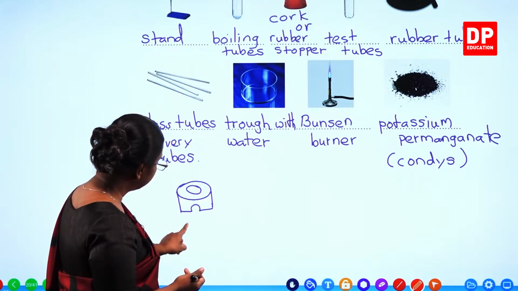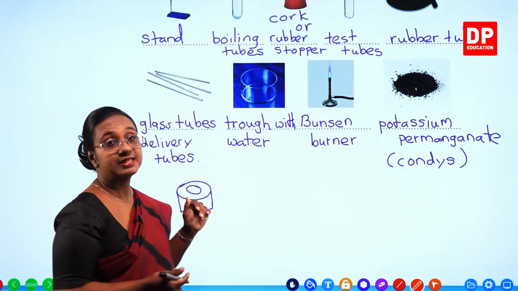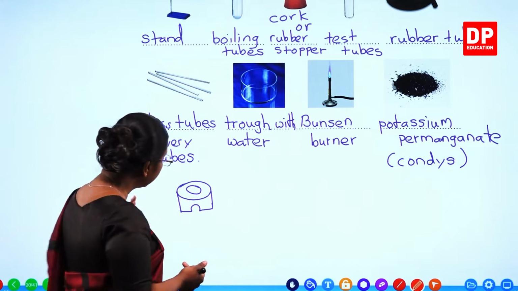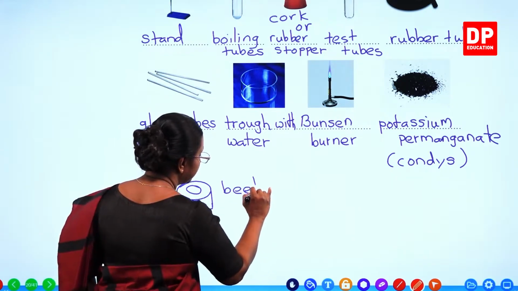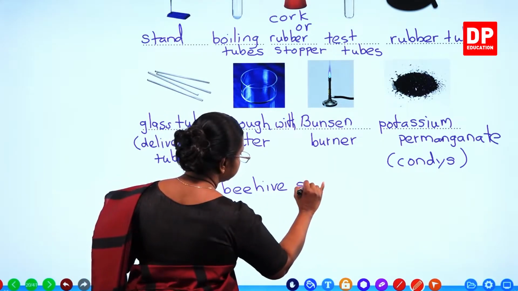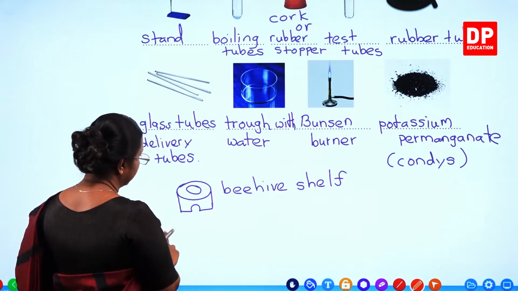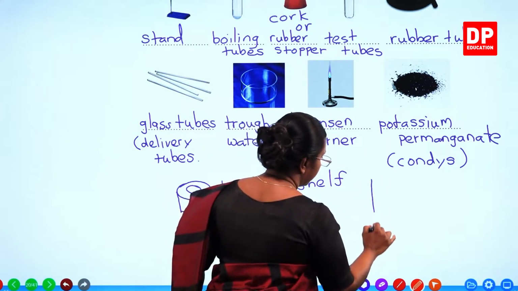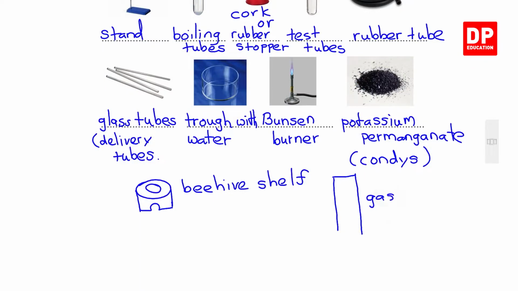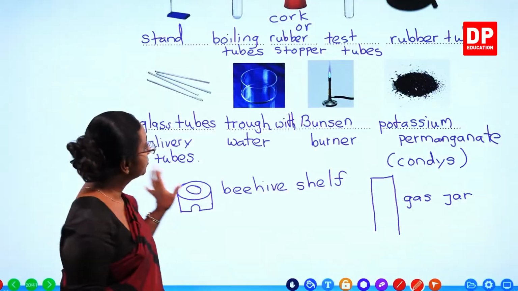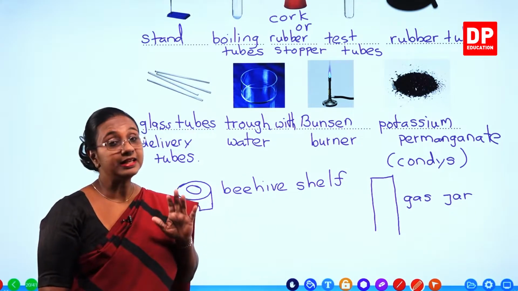There is an opening here and an opening there so that you can direct the gas that is evolved during the reaction into the gas jar. And also we need a gas jar, a tall jar like that. So all these materials are needed to collect oxygen gas in the laboratory.